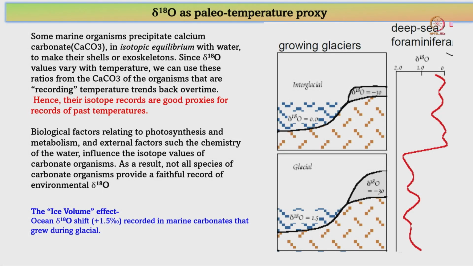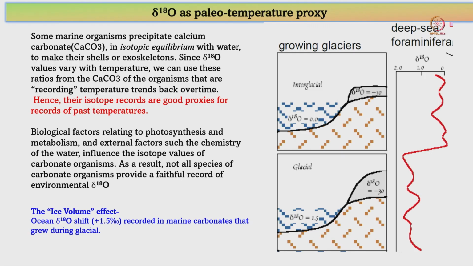So, when it is precipitating from the ocean, it is in isotopic equilibrium with the water. So, something precipitating out of the water is in equilibrium with the water at that particular time. So, when their shells and exoskeletons are forming, whatever the water composition was, it is recording that.